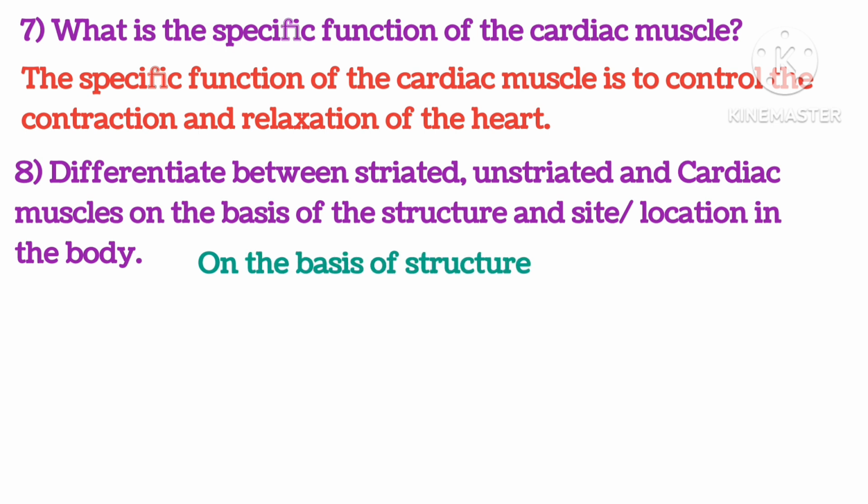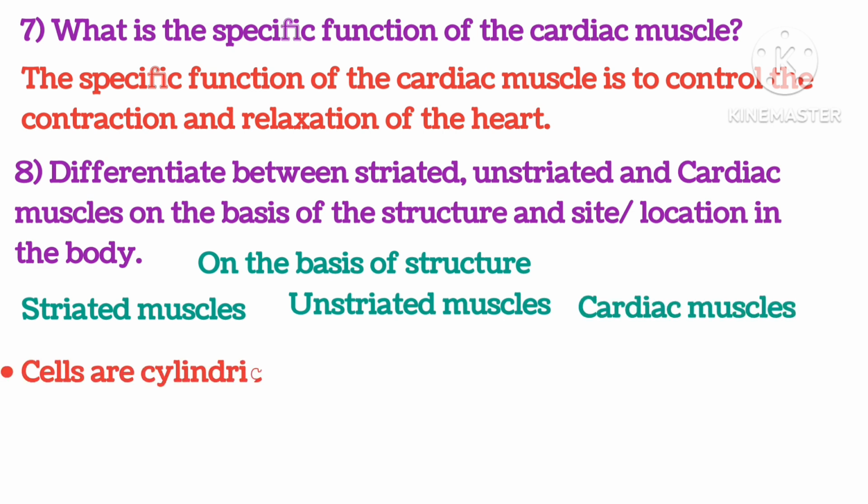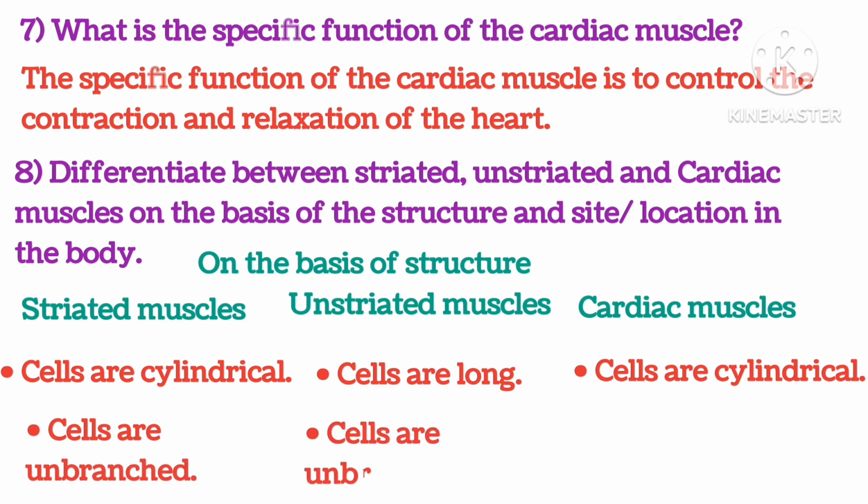First, on the basis of structure, let's differentiate between the three muscles. In striated muscles, cells are cylindrical, unstriated cells are long, in cardiac also, cells are cylindrical. In striated muscles, cells are unbranched. In unstriated, cells are unbranched. In cardiac, the cells are branched.